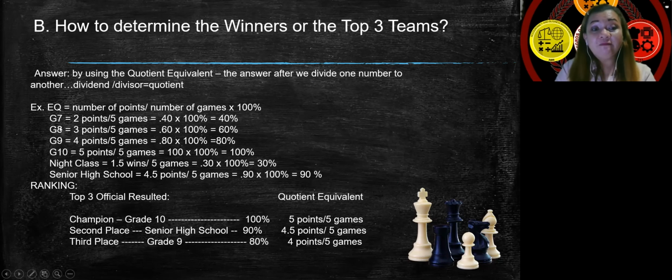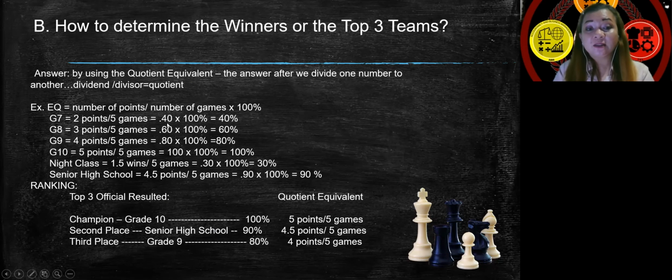For example, at the end of the game, grade 7 has 2 points, because there are 5 games. So 2 divided by 5 is equivalent to 0.40.